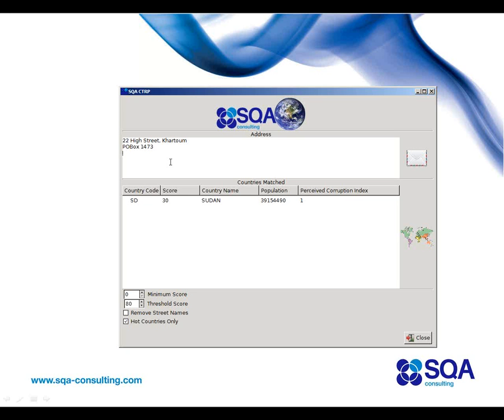So we're looking for this address containing certain words like Khartoum. Okay, so Khartoum is a rather big place in Sudan. I just showed you a place called Akhdar in Iran on the map, and there we can see it's in Iran. Okay, all good so far.